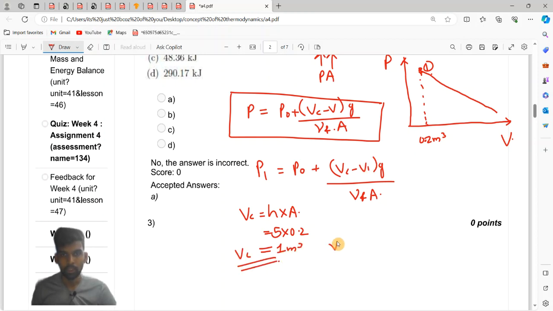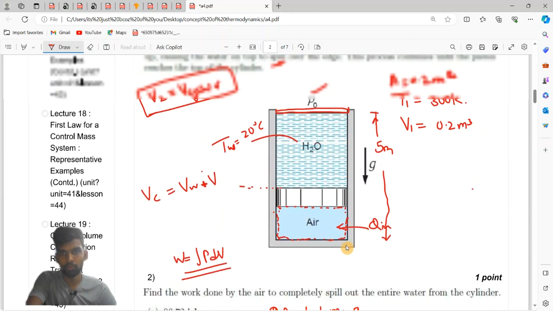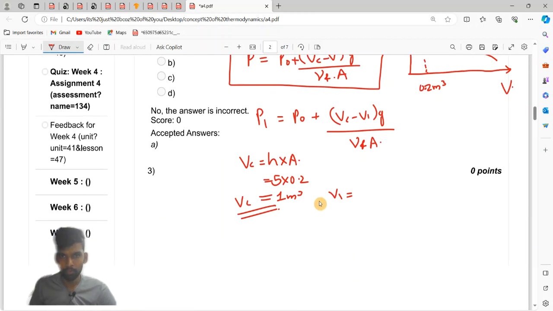Very simple. And V1 they have given, that is the volume of air, which is nothing but 0.2 meter cube.